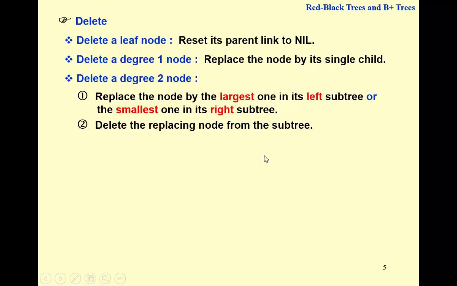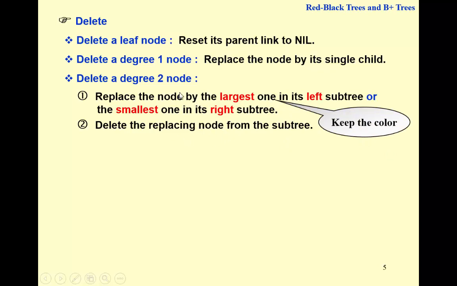So that is the main advantage of red-black tree, because in a red-black tree, in the worst case, it takes only 3 rotations to have it done. So we're going to see. So in the red-black tree, when the degree 2 node is deleted, we replace this node by some other node and keep the color of this node.